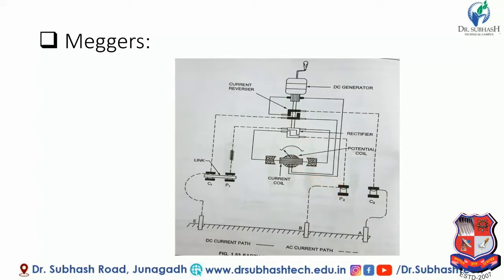Here you can see the DC current path and AC current path by different notation. Means continuous notation is for DC current path, and discontinuous notation is for AC current path. In this way, the Megger is used to determine the earth resistance.